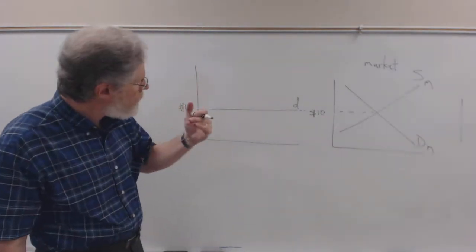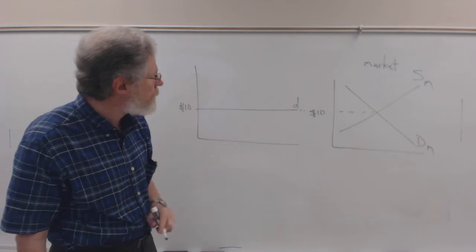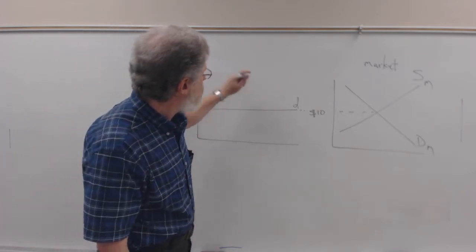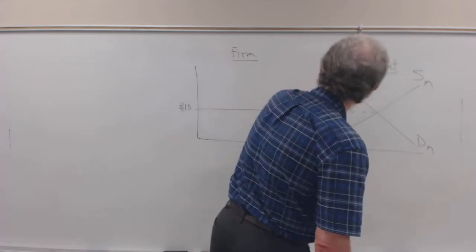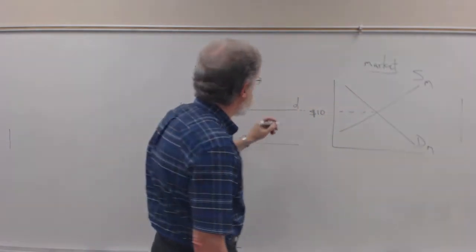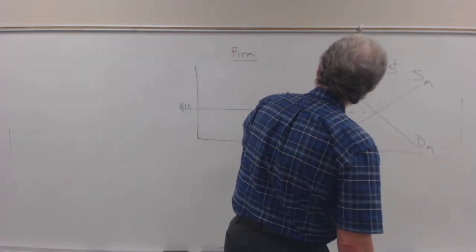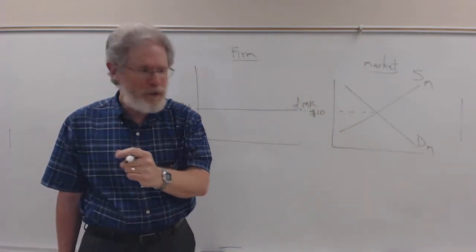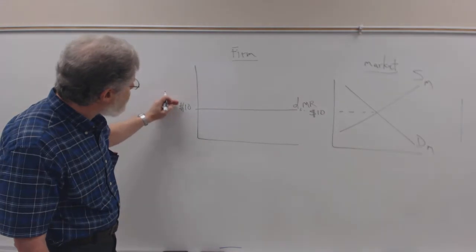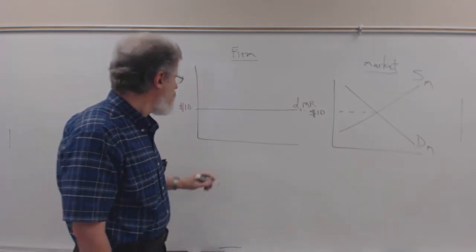And what I do has no impact on what the market price is going to be. So the individual firm faces a horizontal demand curve. That demand curve is also his marginal revenue curve, because every time he sells an extra unit, his revenue goes up by $10.